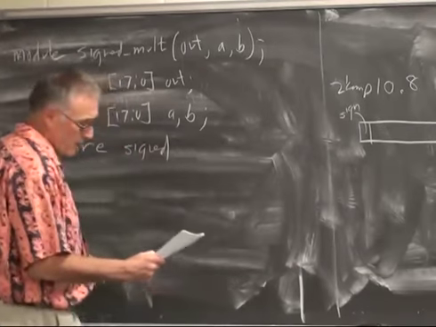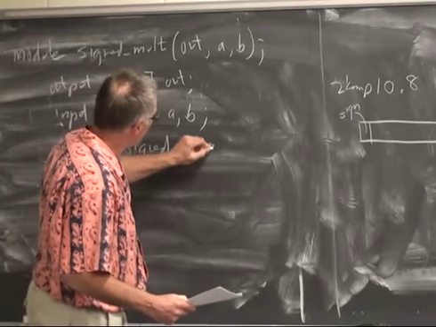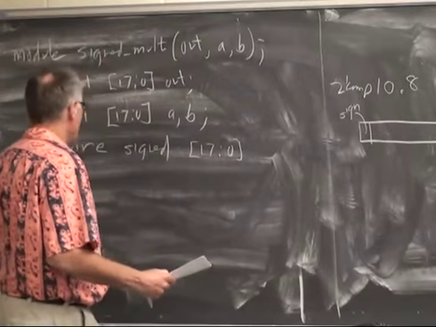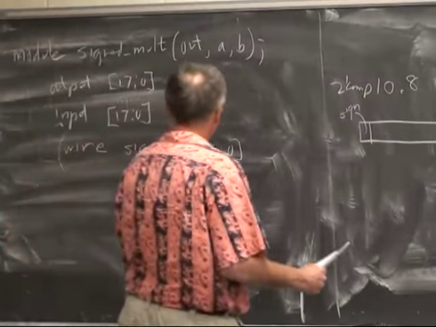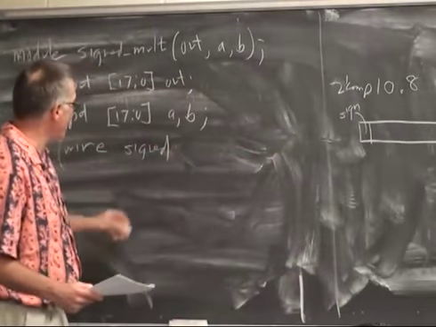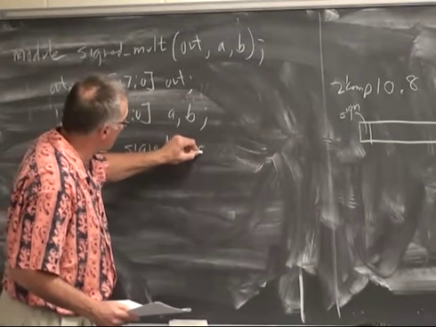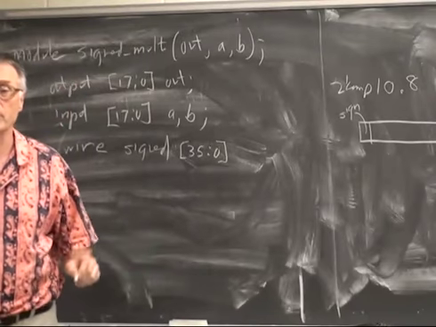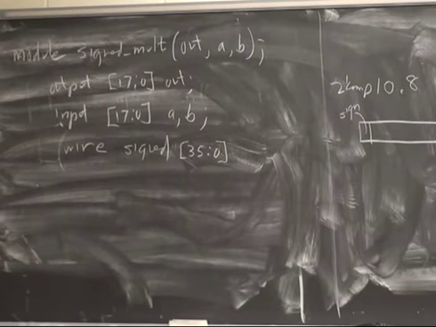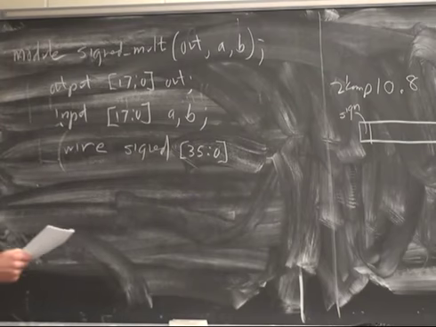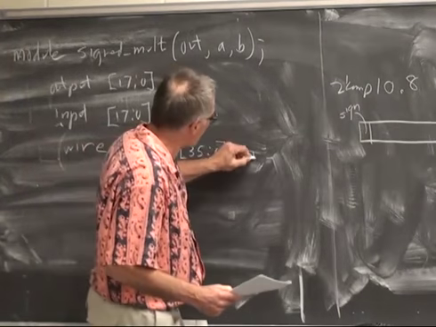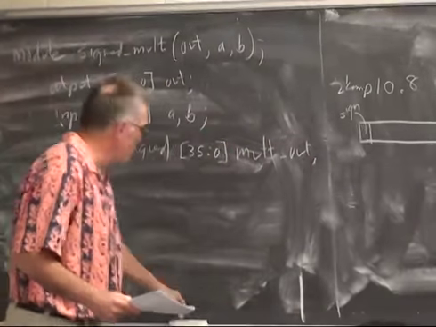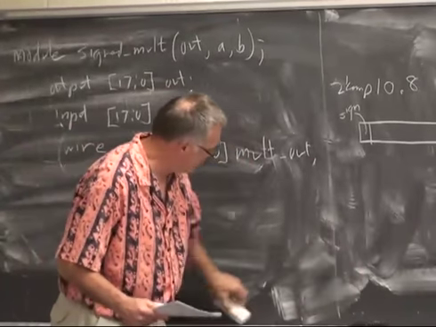We're going to need a wire signed 35 down to 0. We need a 36-bit product of two 18-bit numbers. So we need a wire which is going to be an internal signal that does not go to the outside.